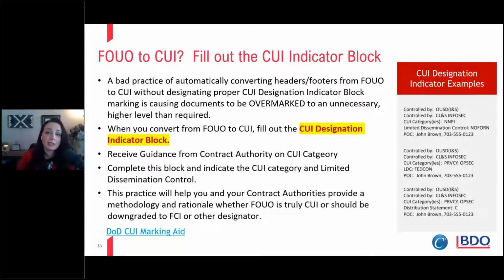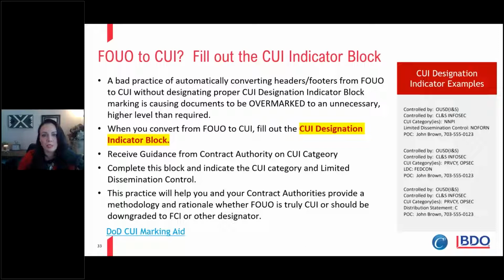It's also okay to request clarity. If you are receiving what is clearly a federal contract information document and you're receiving it as CUI, I always say to my clients, it is healthy and it is right to ask whether that document truly is CUI before you accept it on your networks.